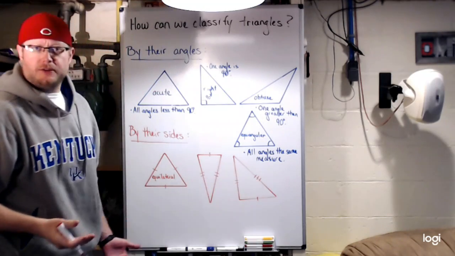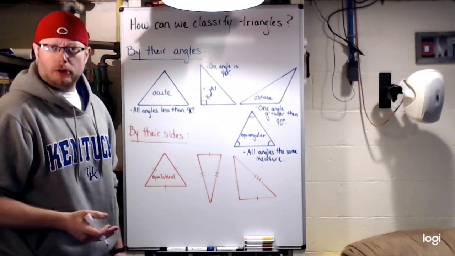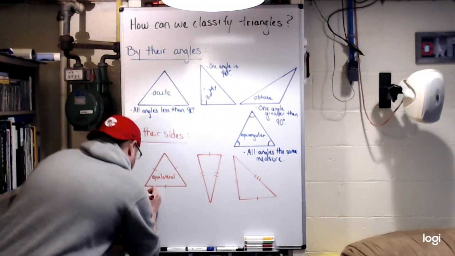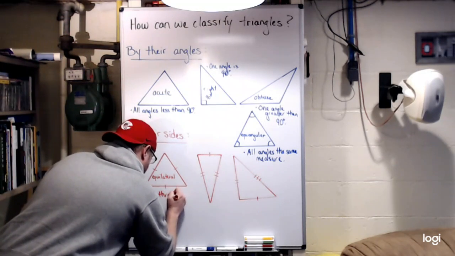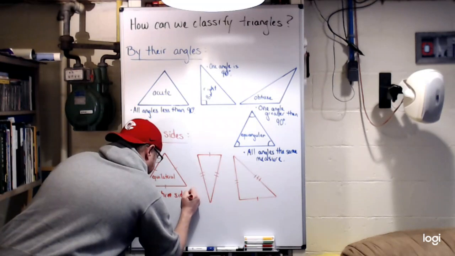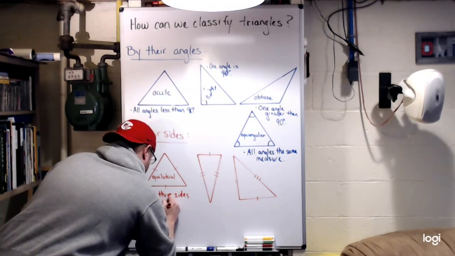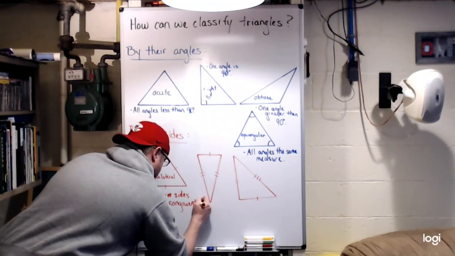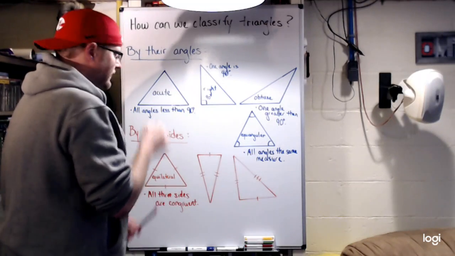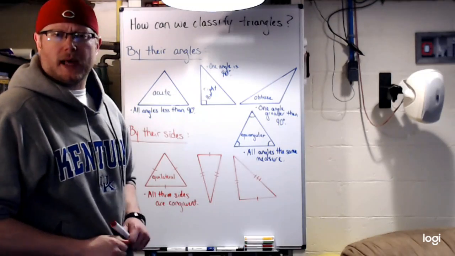And the definition of an equilateral triangle is all three sides are congruent. So that is the definition of an equilateral triangle.